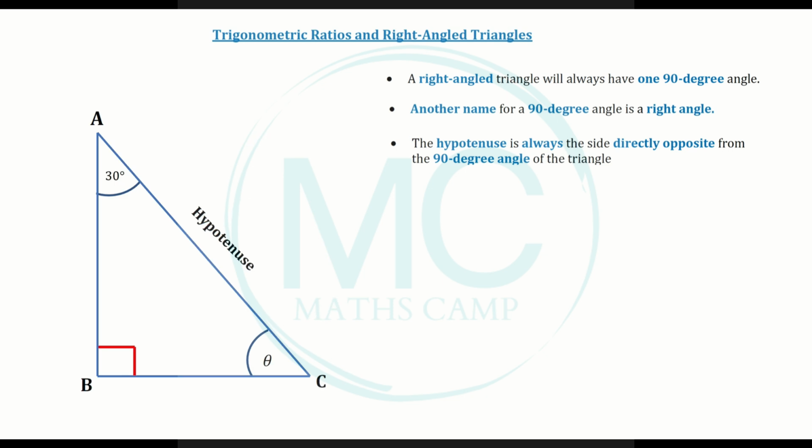In geometry, we learned that we can name the side of a triangle by the vertex directly opposite it. A vertex is the corner of a triangle, and in this triangle, we've named our vertices A, B, and C using capital letters. So to name our sides, we can use these letters, but in lowercase.